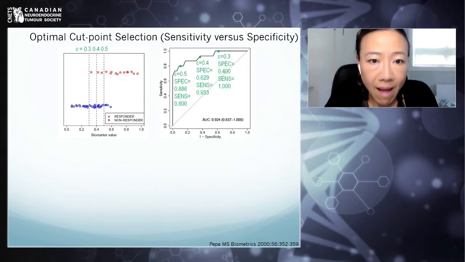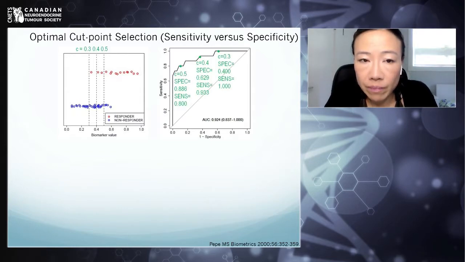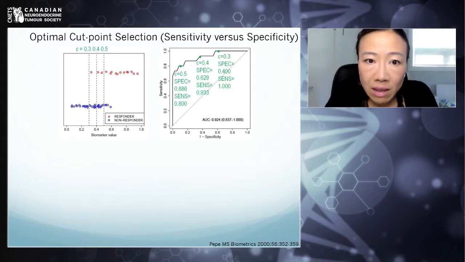Then we draw a line called the receiver operating curve. Each dot on this line represents a diagnostic test from a random cohort of true positives exceeding a random cohort of true negatives.